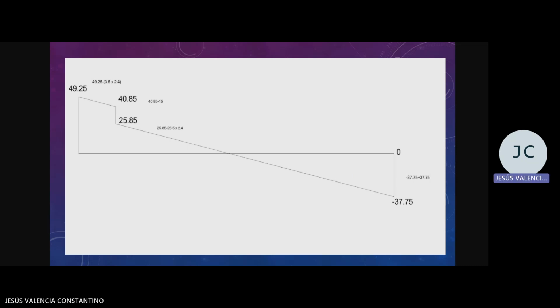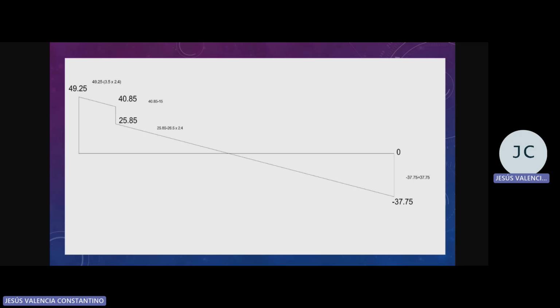Then 25.85 is reduced by the product of the base multiplied by the height of 26.5 feet and 2.4 kilos per foot, resulting in 63.6.